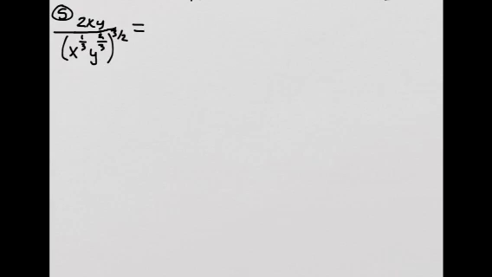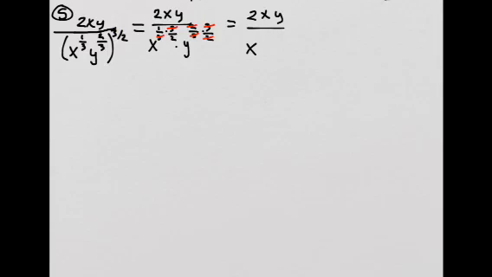Alright, so for 5, I'm going to leave the numerator alone for now, and I'm going to distribute this exponent here and here. So I get x to the 1/3 times 3/2 times y to the 2/3 times 3/2. So the 3 and the 3 cancel, 3 and the 3 cancel, 2 and the 2 cancel, so you're left with 2xy over x to the 1/2 y to the 1st.